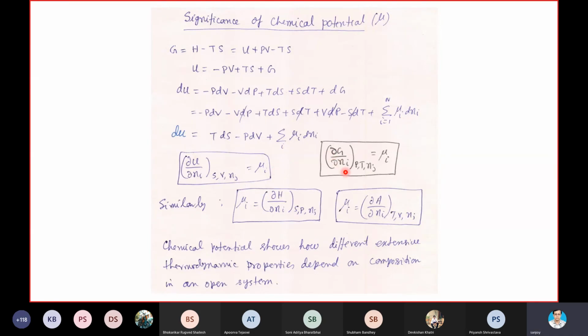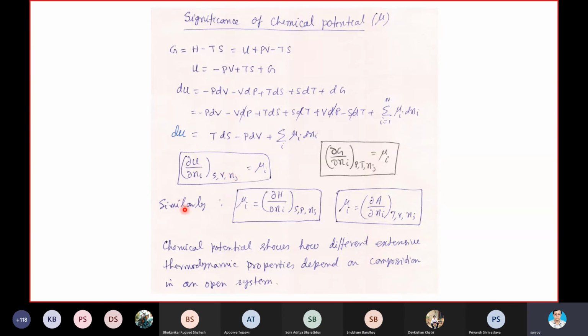Earlier we showed del G del n at constant pressure and temperature. So you see, it is not that this is the only definition of mu. You can write it in terms of other extensive properties, say internal energy. Only thing is that the conditions are different. If you want to measure chemical potential with respect to internal energy, the conditions are internal energy change at constant entropy and volume, and other compositions.